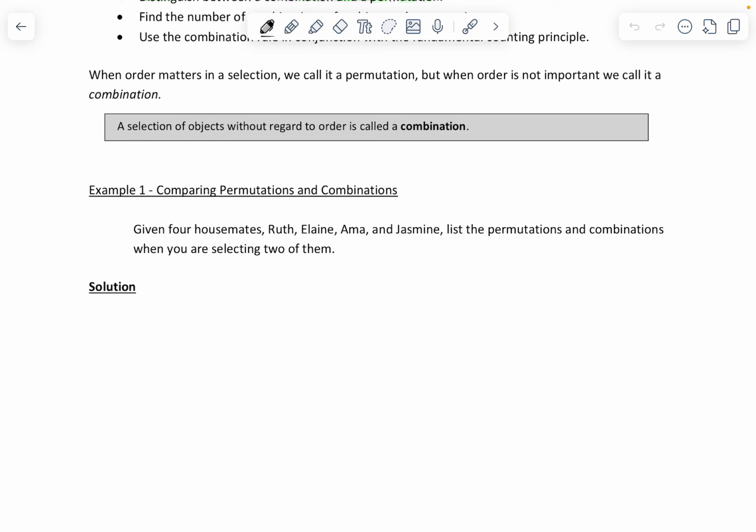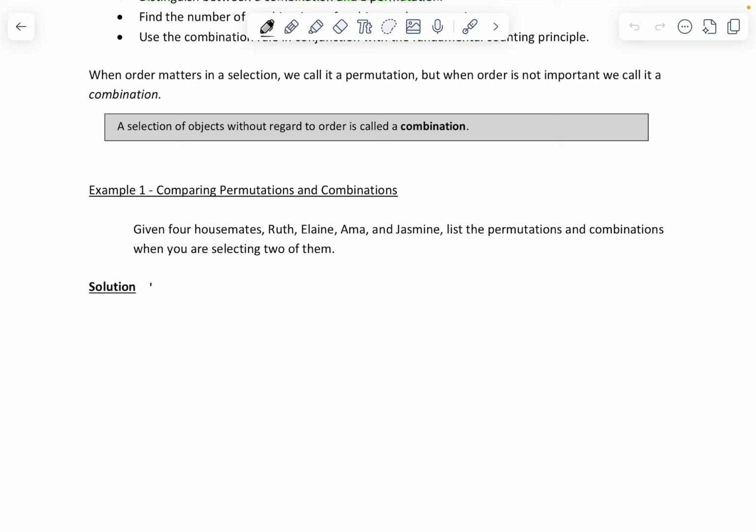Example 1, comparing permutations and combinations. Given 4 housemates, Ruth, Elaine, Emma, and Jasmine, list the permutations and combinations when you are selecting 2 of them. We'll start with permutations. With permutations, the order matters. So we're talking about how many ways can you select one person followed by another person and order them in a specific way.